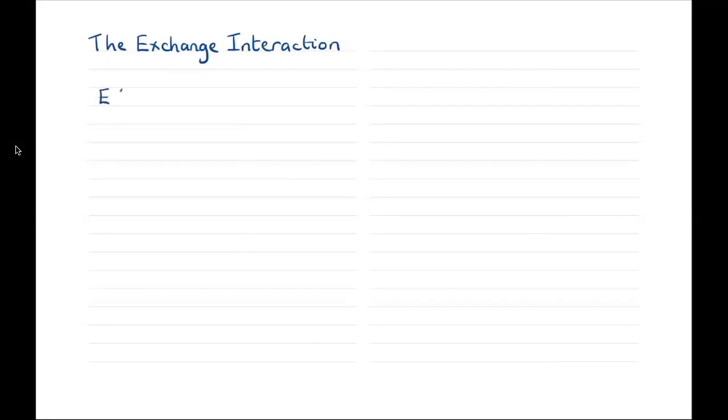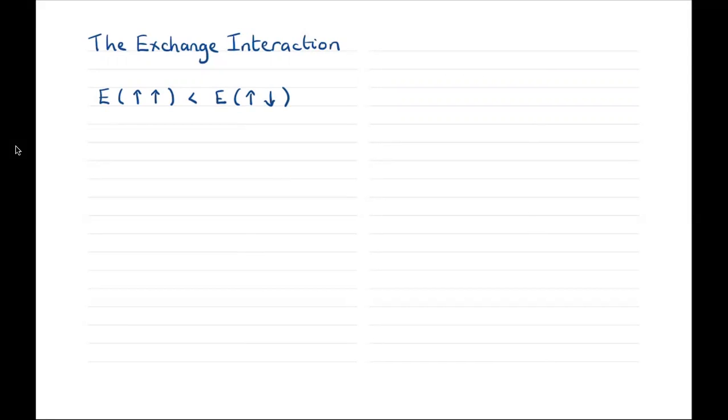So the energy of two electrons with parallel spins is lower than the energy of two electrons with anti-parallel spins. And this difference in energy we call the exchange energy.